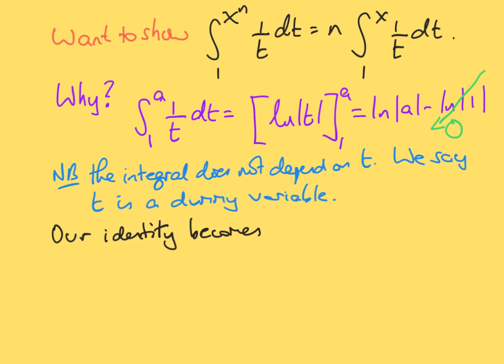So it's the logarithm of the modulus of x to the n. And the right-hand side is n times the integral, and this is exactly the same as that again, but with a replaced by x. So it's n log mod x, and that is a standard logarithmic identity.